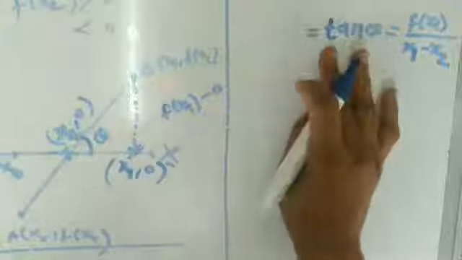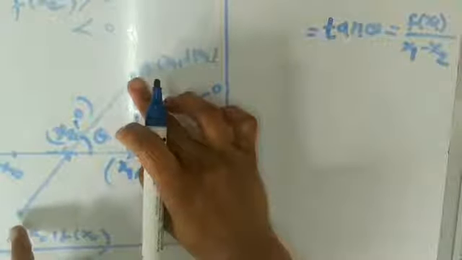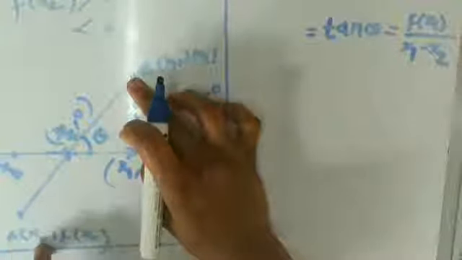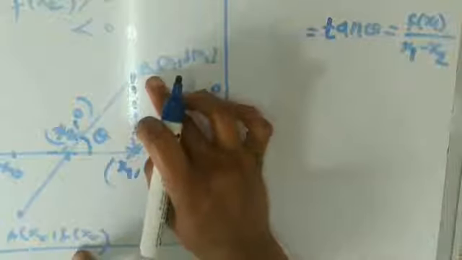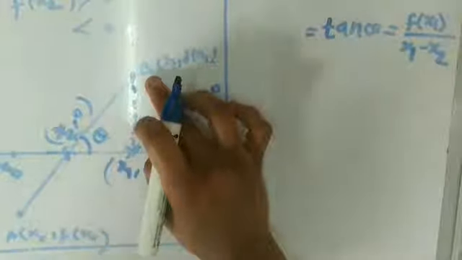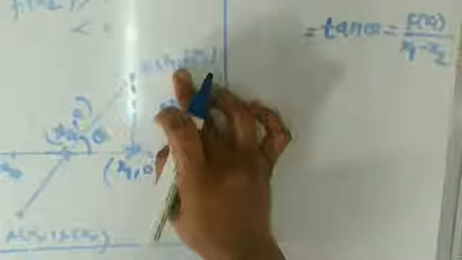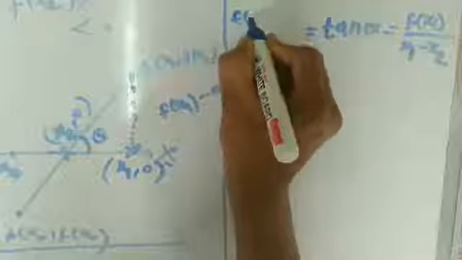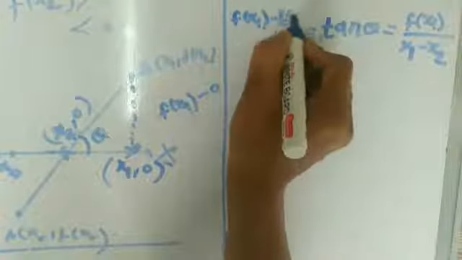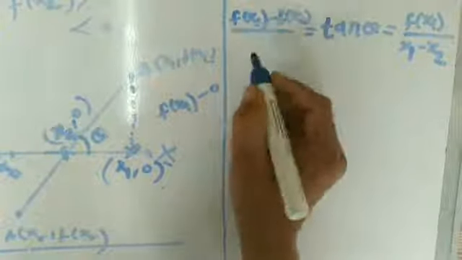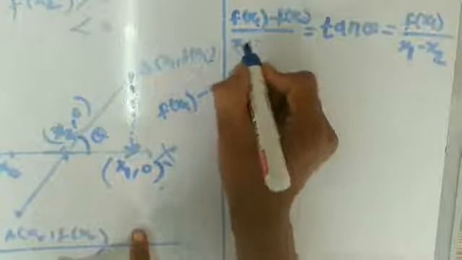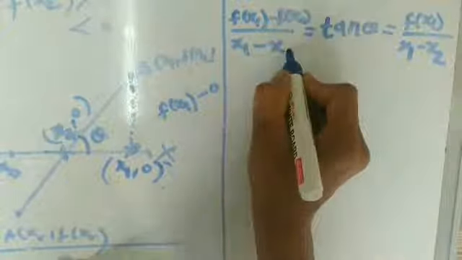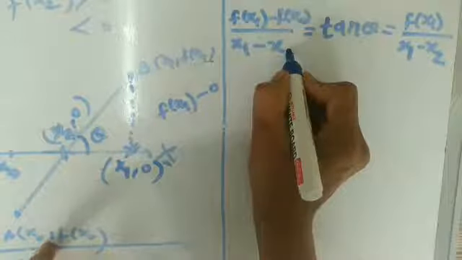Now we know tan theta is the slope of the line, so we find the slope of the line joining the 2 points. A point is x naught, f of x naught, and B point is x1, f of x1. So the slope is f of x1 minus f of x naught divided by x1 minus x naught.